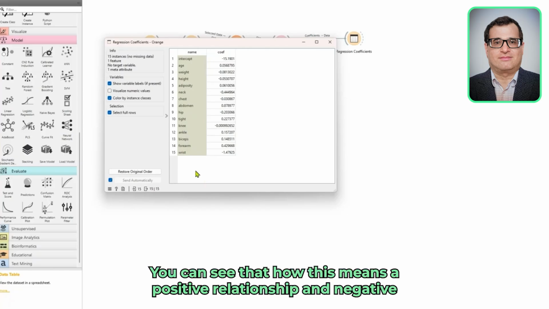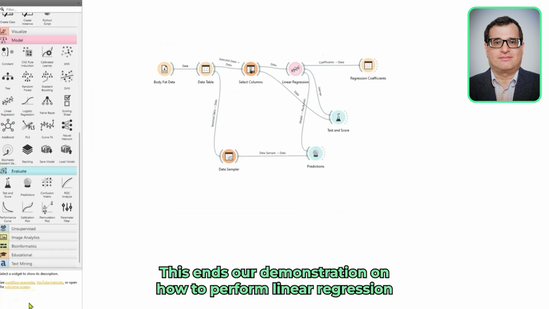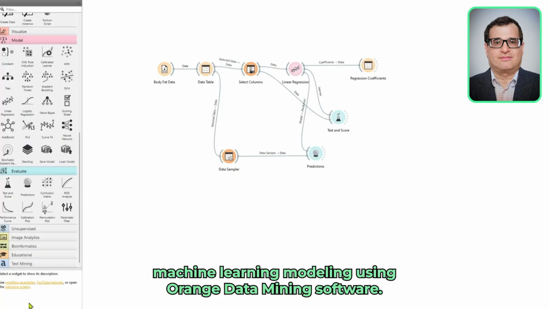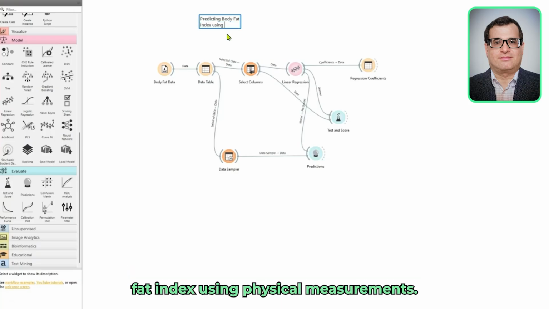You can see that positive means a positive relationship and negative means an inverse relationship. This ends our demonstration on how to perform linear regression machine learning modeling using Orange data mining software. But before leaving, we can add a description to our model: predicting body fat index using physical measurements.